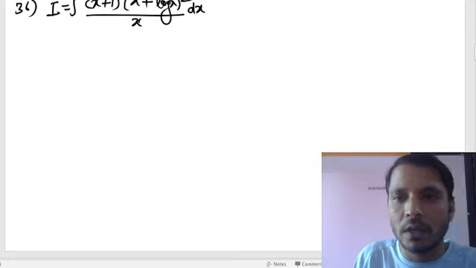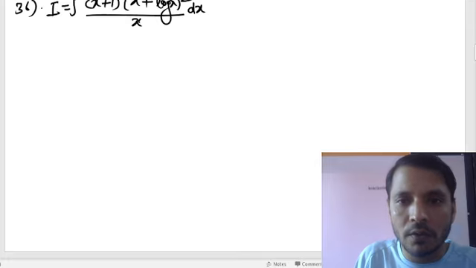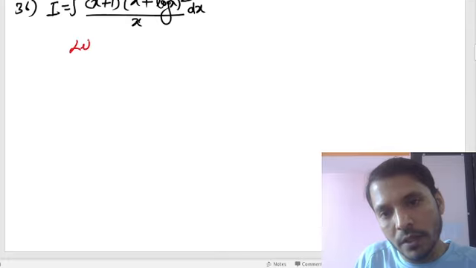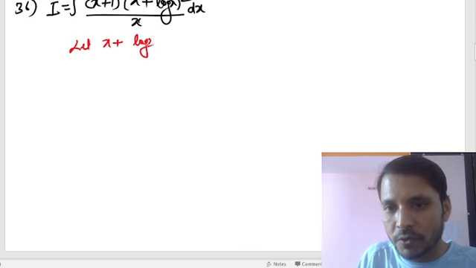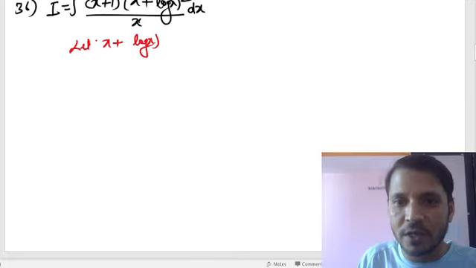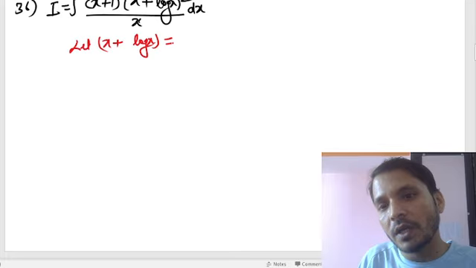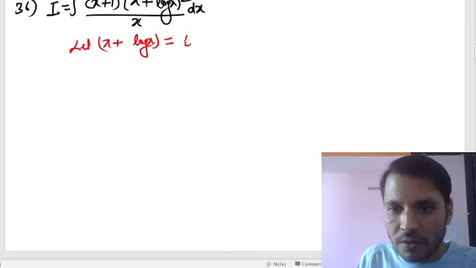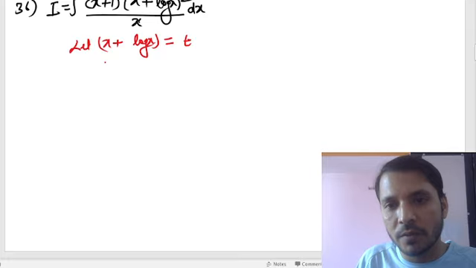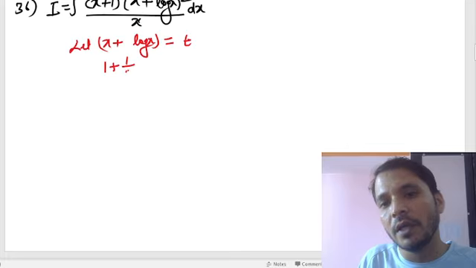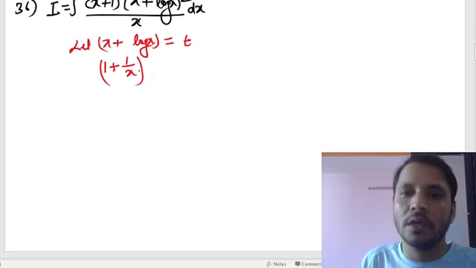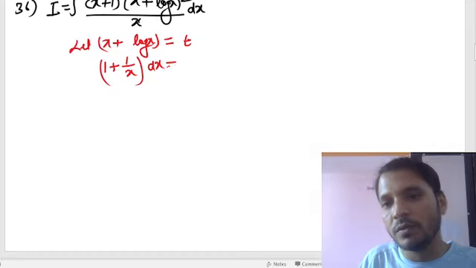This is a very easy question. We substitute t equal to x plus log x, because we can see its differentiation is already present in the given question. The differentiation of x is 1 and of log x is 1 by x, and then dx, equal to dt.